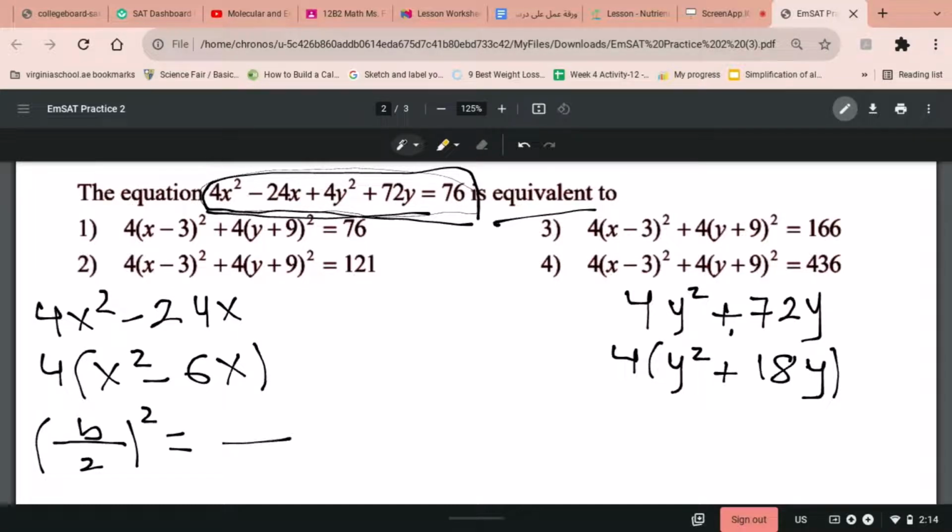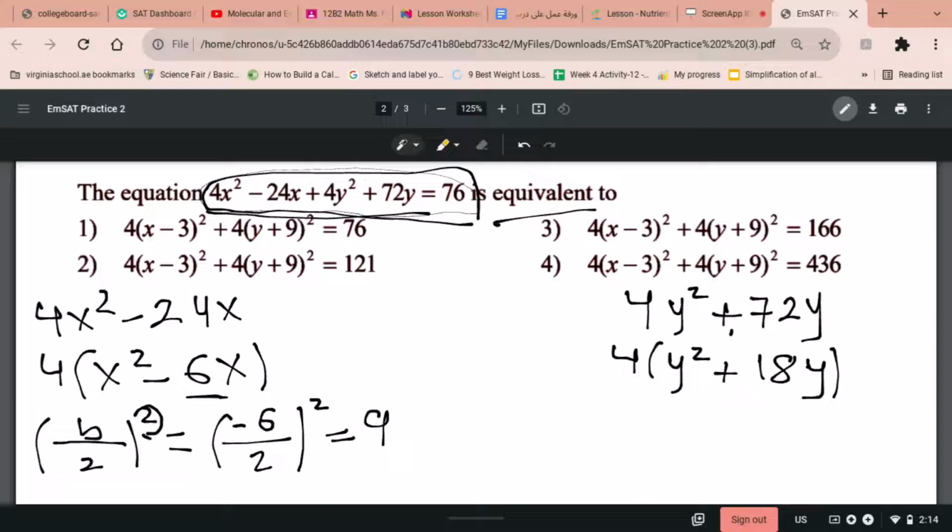So we know that b is 6, or -6. Don't forget that sign. It's not actually important because we have this square, but in case you put the sign, okay? So (-6 over 2) squared: -6 over 2 is -3, squared equal to 9.